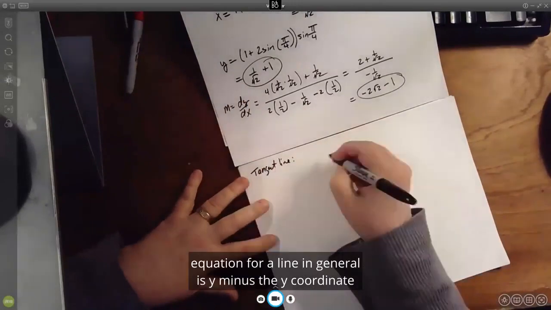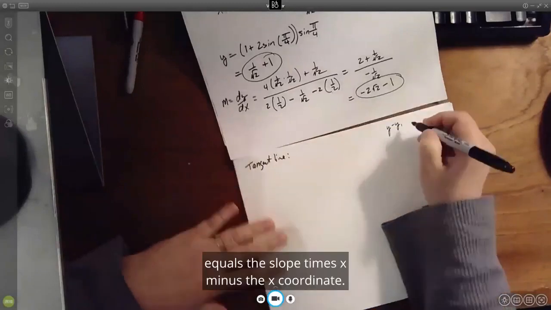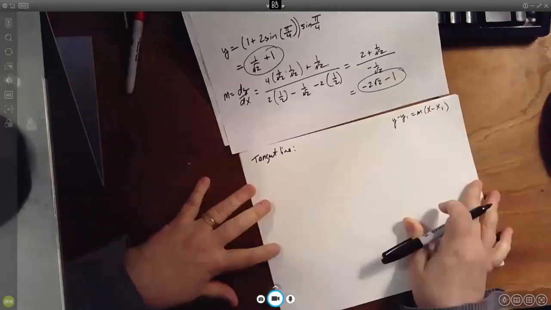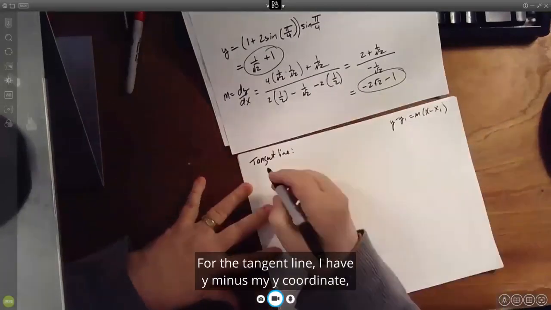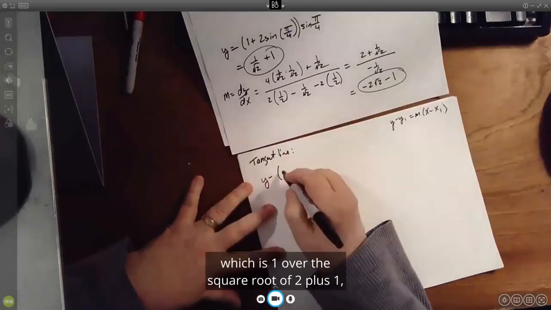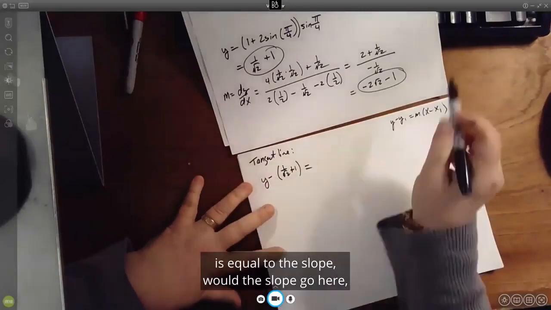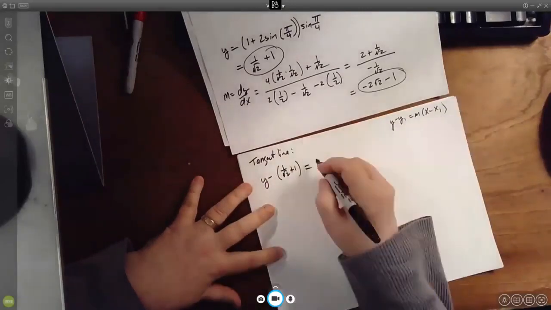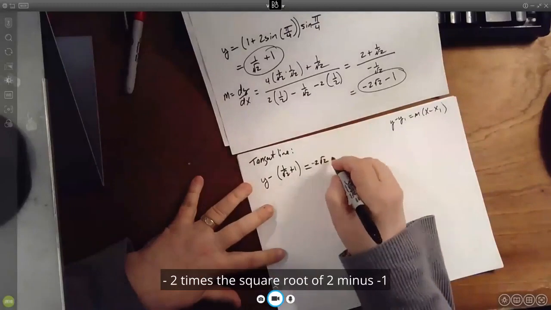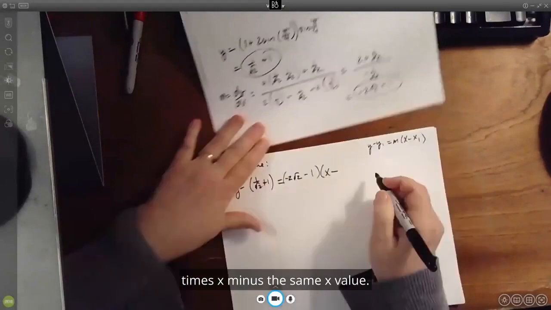The equation for a line in general is y minus a y-coordinate equals the slope times x minus the x-coordinate. For the tangent line, I have y minus my y-coordinate, which is 1 over the square root of 2 plus 1, is equal to the slope, 2 times the square root of 2, negative 1, times x minus the same x value.